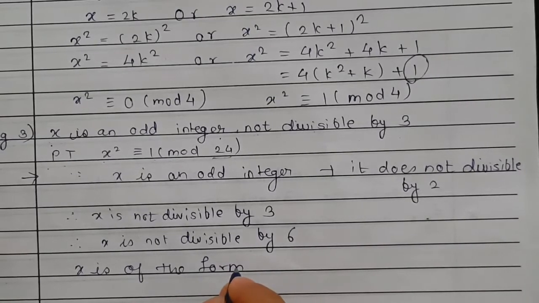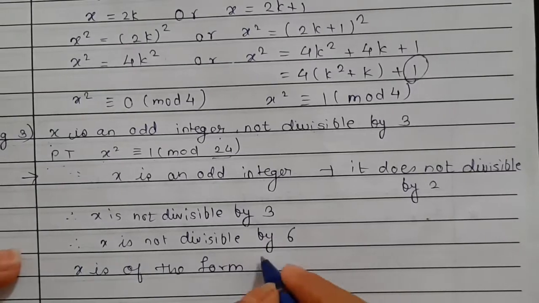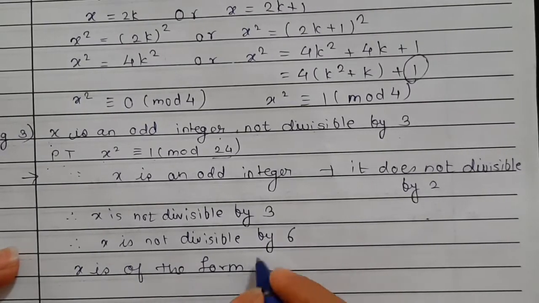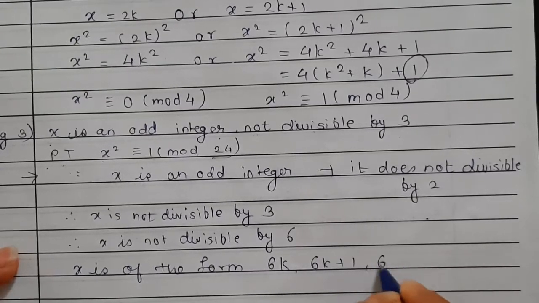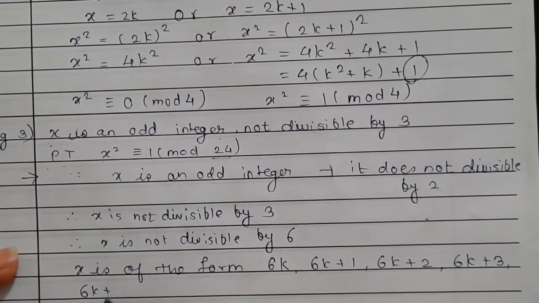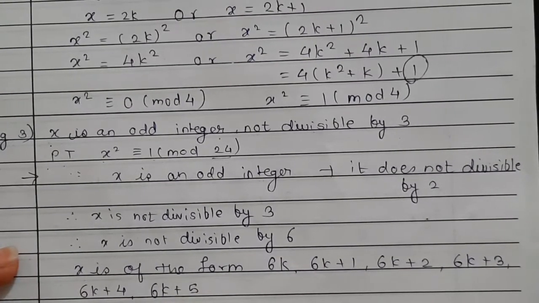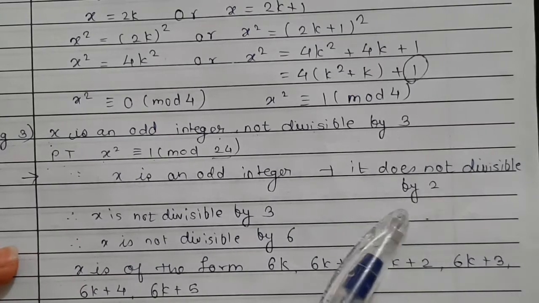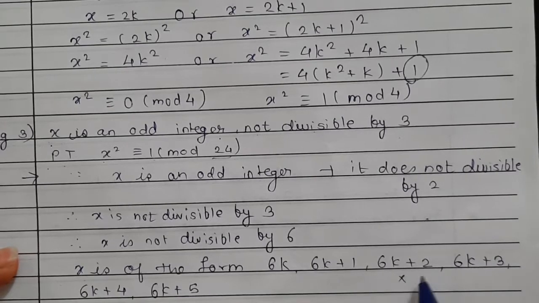Now here we apply the division algorithm. So x is of the form 6k plus 1, 6k plus 3, 6k plus 4 and 6k plus 5. But we have given it is not divisible by 2, means it is not in the form of this.